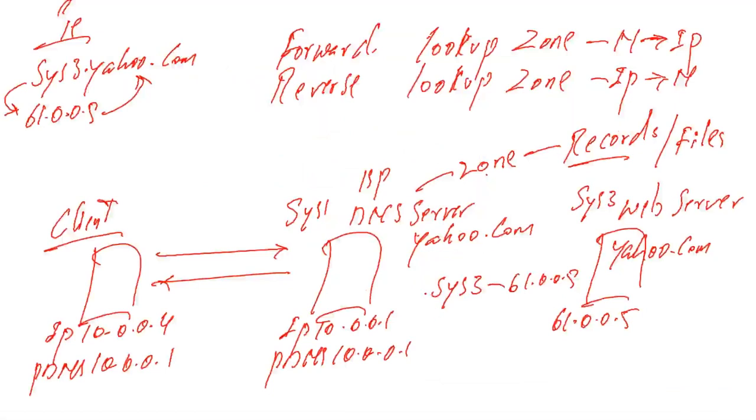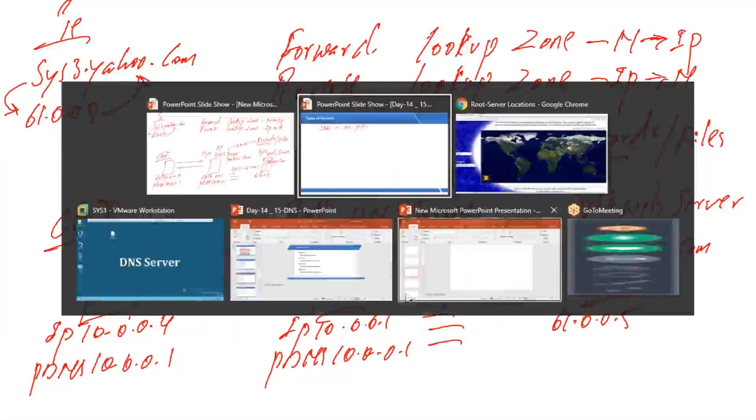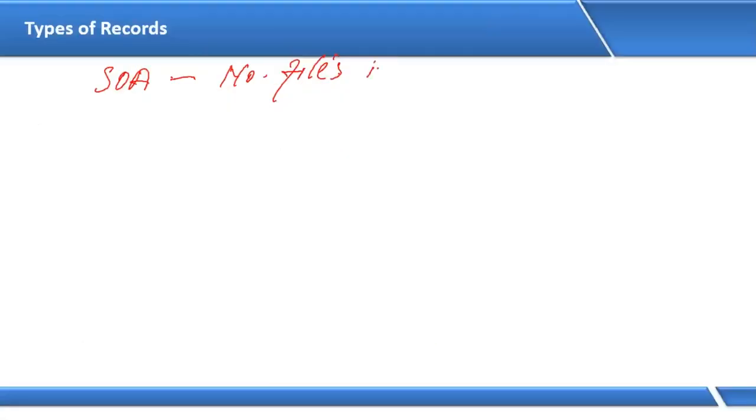In that, the first record is system 3, and we have other records also. In total we have 4 records here. So the SOA record contains what the first record is and what the other records are, inside the zone.